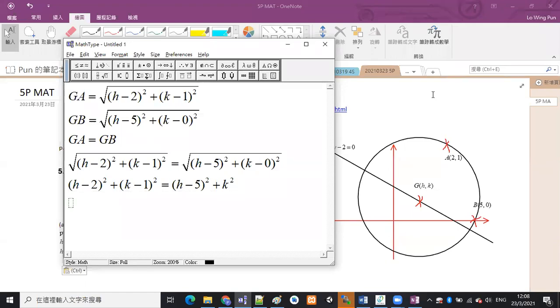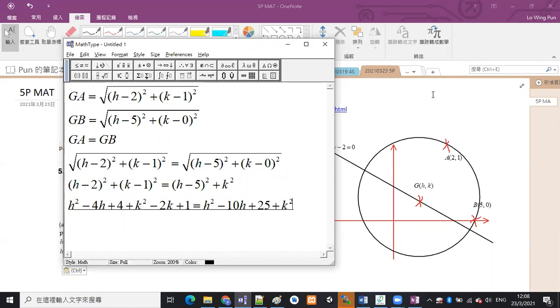And then we can expand all the brackets by using the (a minus b) squared identity: a squared minus 2ab plus b squared.